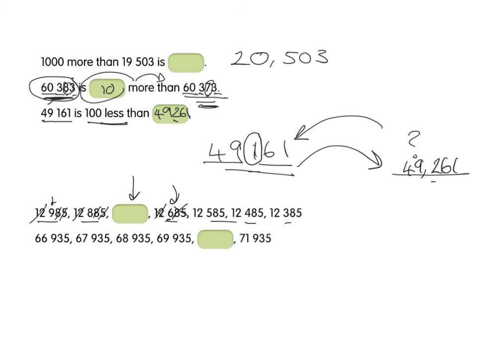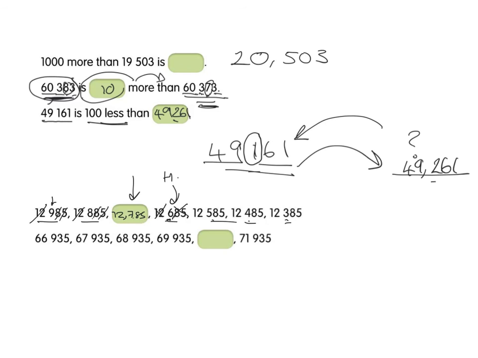The hundreds is changing. So how's the hundreds changing? Well, it was 900, 800, then there was another one, then there was 600, then 5, 4, 300. So I can see it's changing by 100 each time, and our missing number here is the 785. 12,785. Observation is so important, and talking it through, talking out loud, is also a good idea.